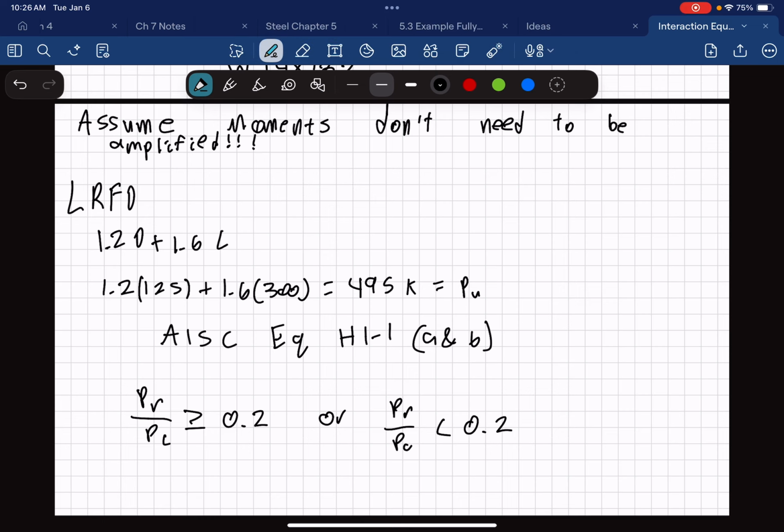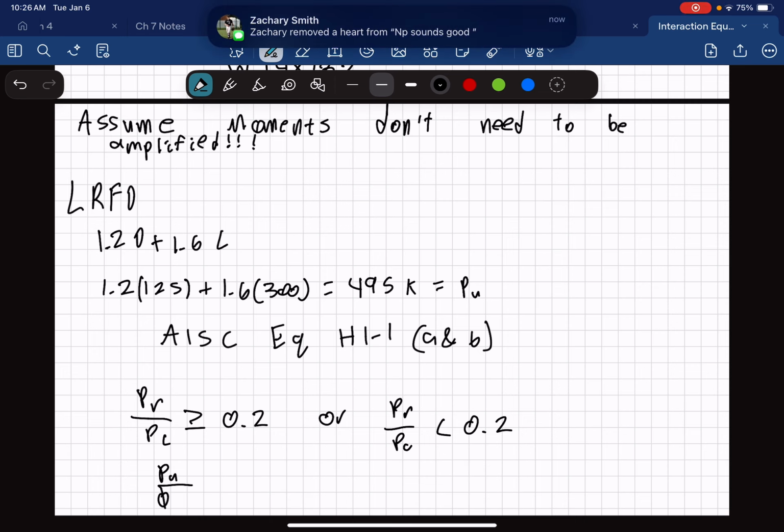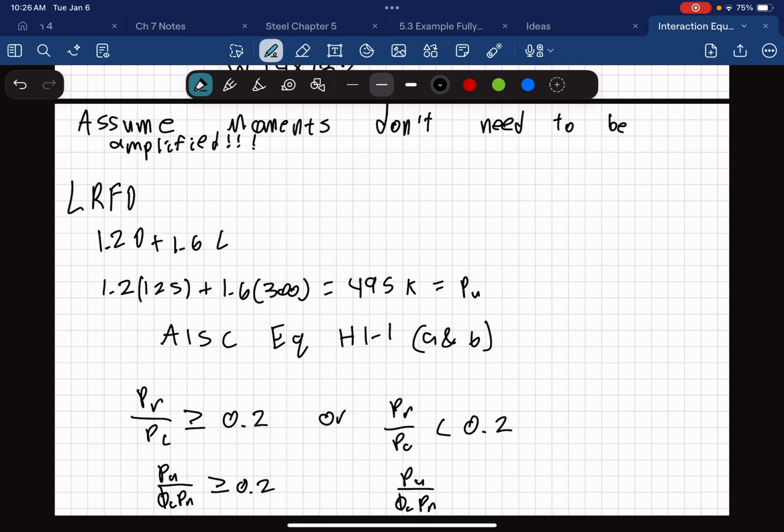So when you break this down, since we're using LRFD, it's Pu over phi c Pn being either greater than or equal to 0.2, or less than 0.2. It's going to be one of those two cases.